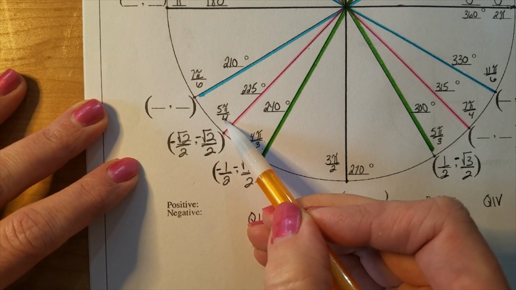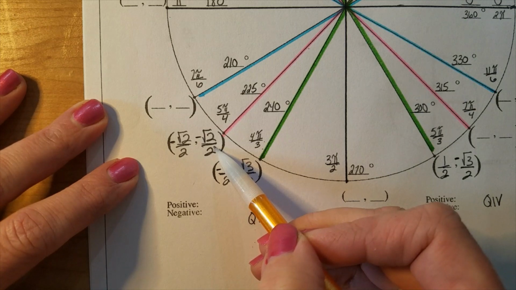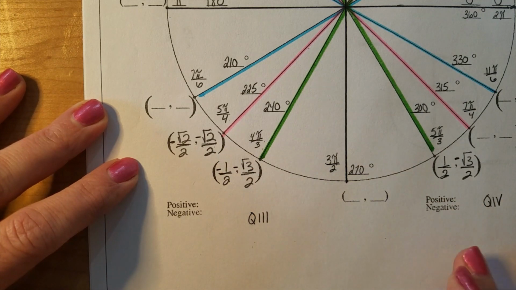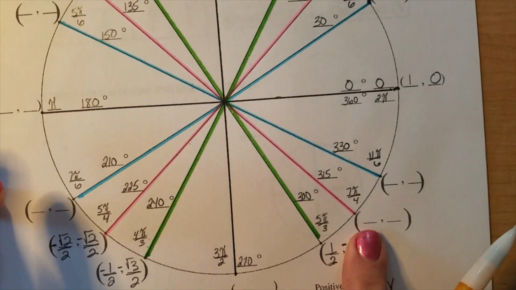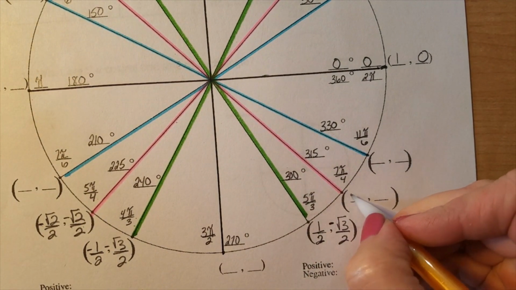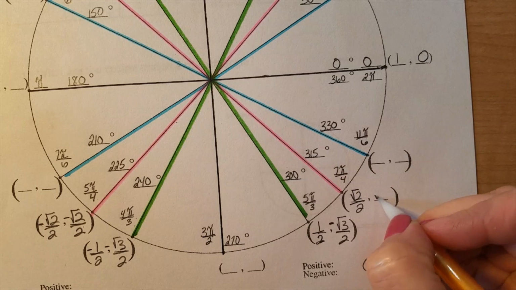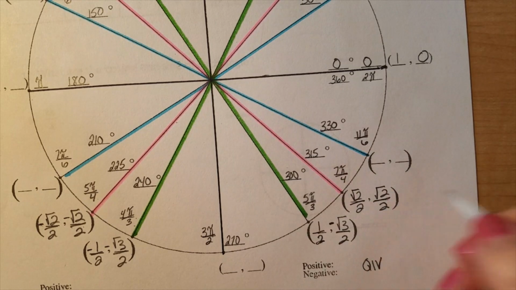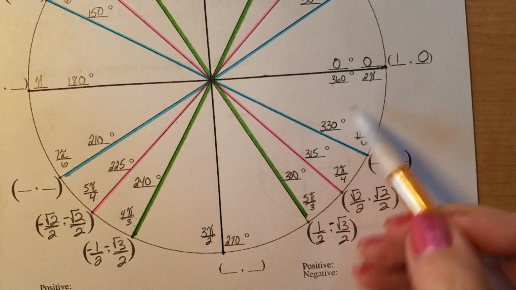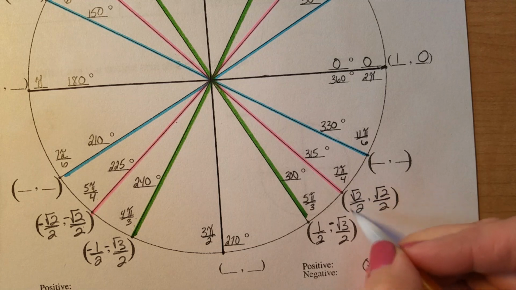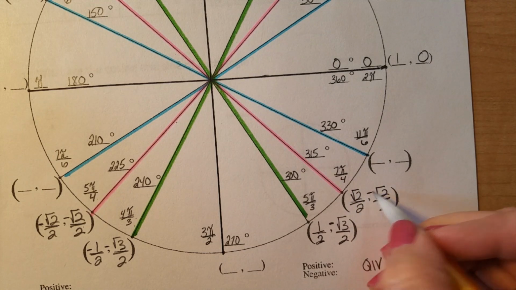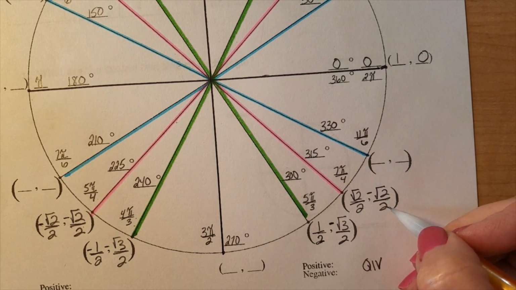The sine of 5 pi over 4 also equals negative square root 2 over 2. Moving on over to quadrant 4. Let's jot it down. Square root 2 over 2, square root 2 over 2. Now let's analyze these signs. So I am again in quadrant 4. My x values are to the right of the origin. X's are positive. Y's, however, are underneath the x-axis.